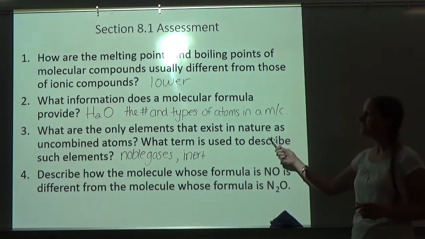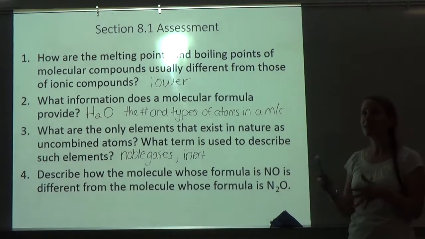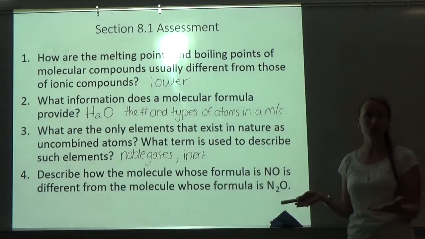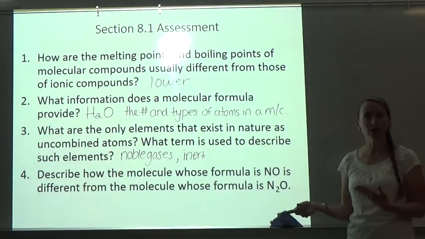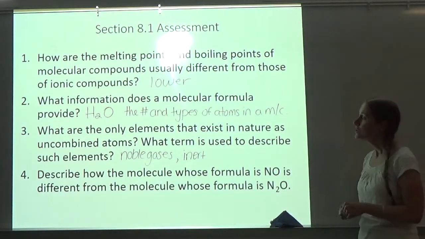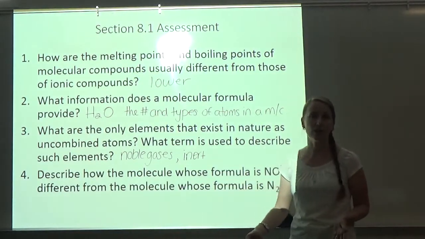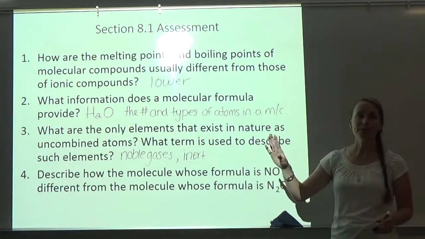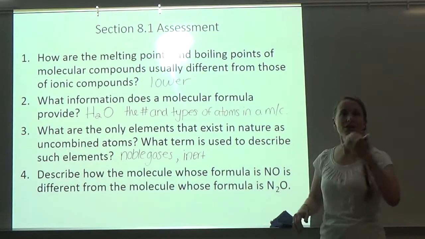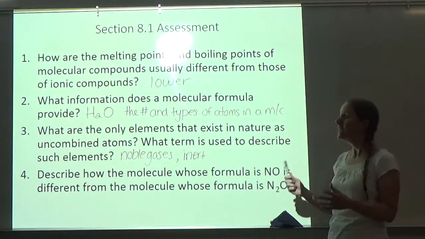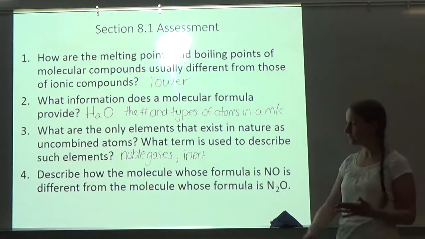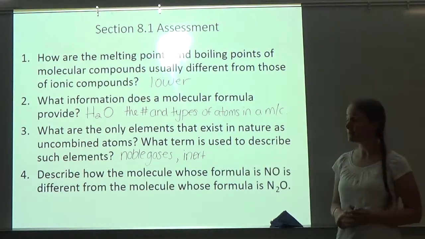Remember, they exist as uncombined atoms because they already have full valence electron shells. So they don't have any reason to lose or gain or share electrons. They're stable, so they don't form compounds very often. All the other elements either need to lose some electrons, gain some electrons, or want to share electrons, so they are constantly forming compounds, whereas the noble gases are not.